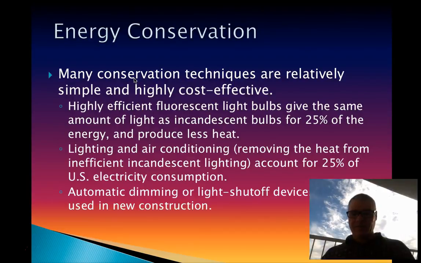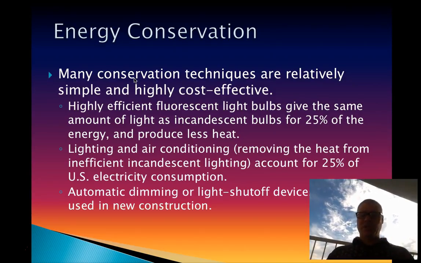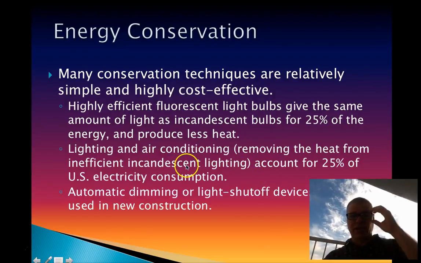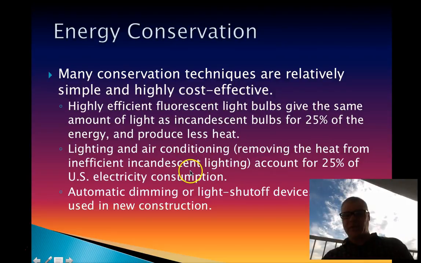All right. Last point, which is energy conservation. Many conservation techniques are relatively simple and highly cost-effective. So for instance, if you have those nice fluorescent bulbs that use much less electricity, then you don't have to generate as much. If you use less air conditioning or lighting, it says here lighting and air conditioning, often from just removing the heat from inefficient lighting, accounts for 25% of U.S. electricity consumption.